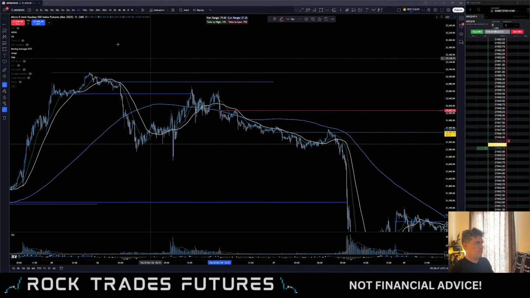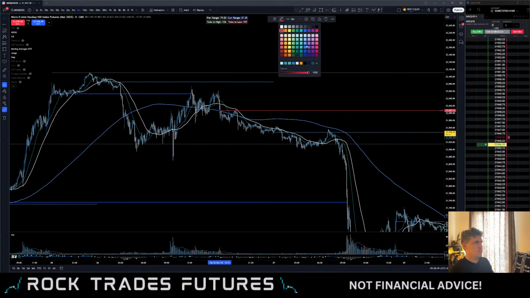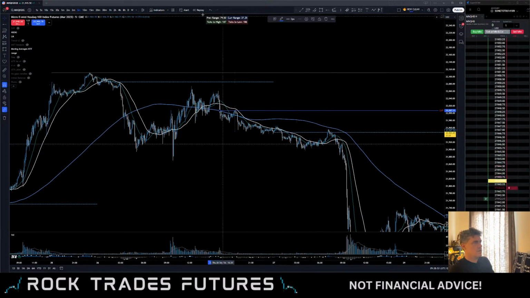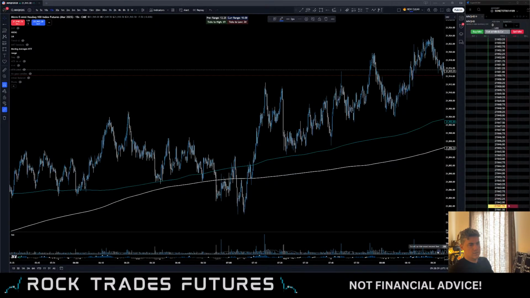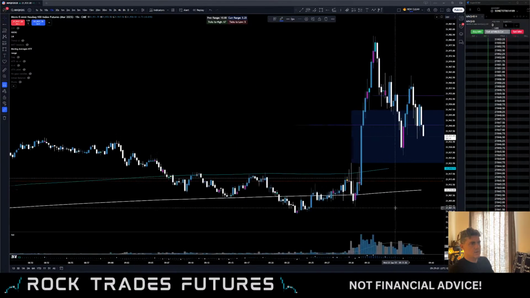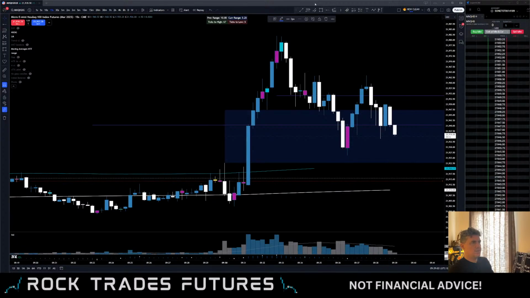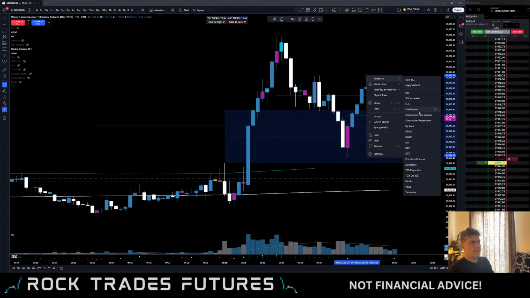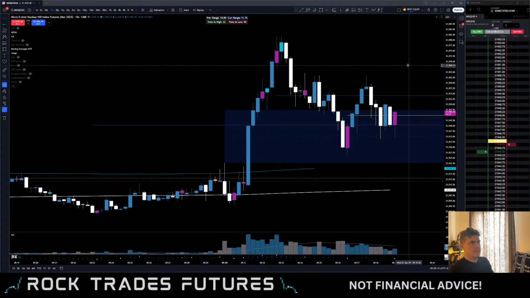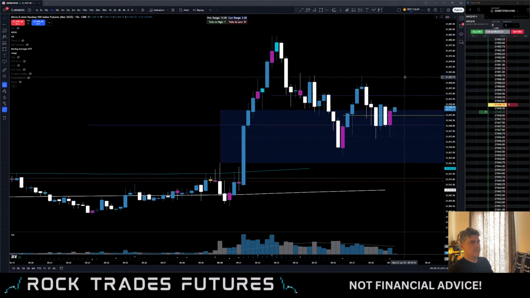Gap. Blue. And 15 seconds. Get us to where we need to be here. All right, we have a contraction to start the day. Like this contraction line there.